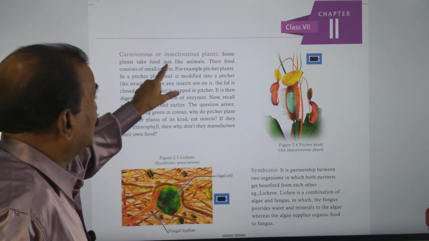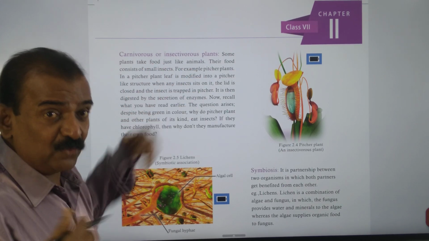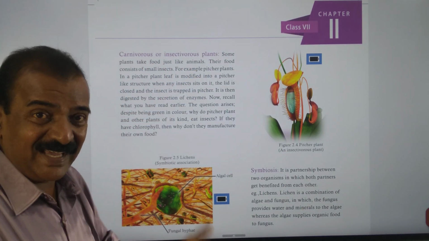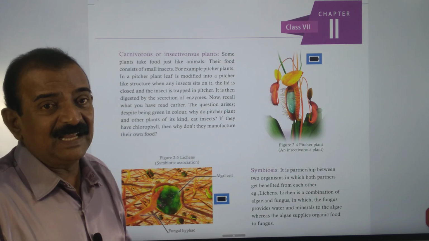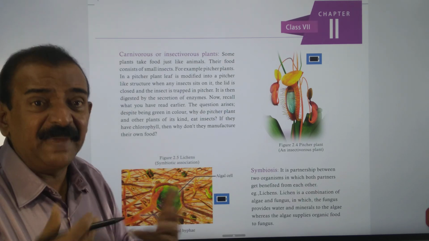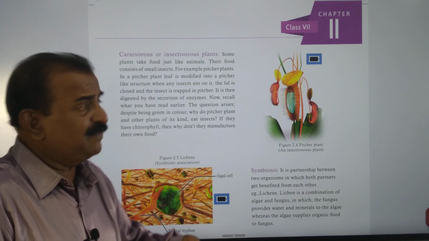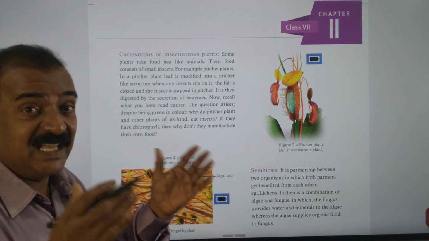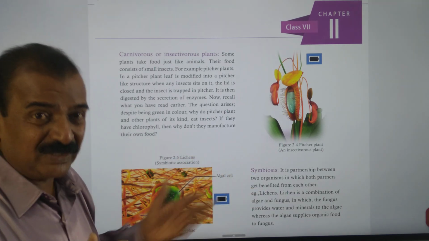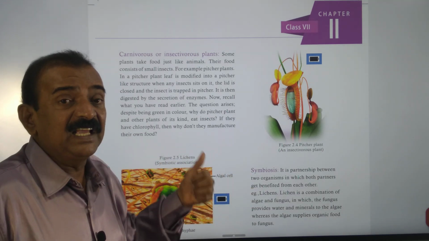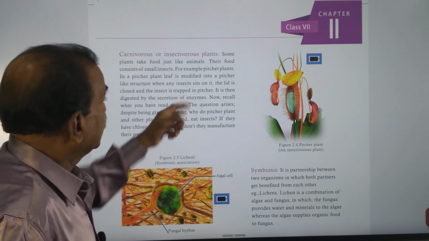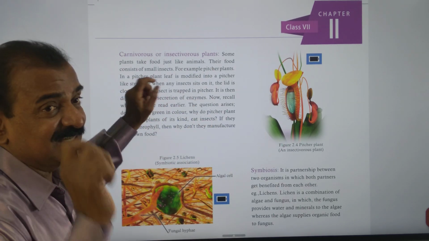Some plants take food just like animals. We eat fish, goat meat, sheep meat, and chicken. In the same way, these plants eat insects. That is the reason they are called insectivorous plants, and their food consists of small insects.